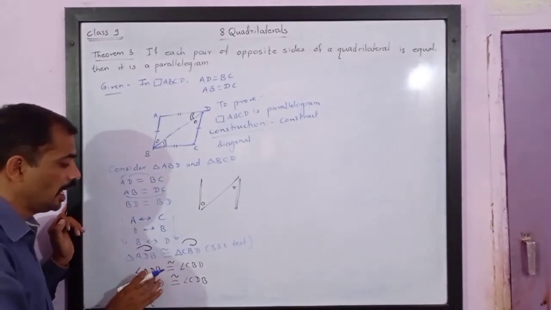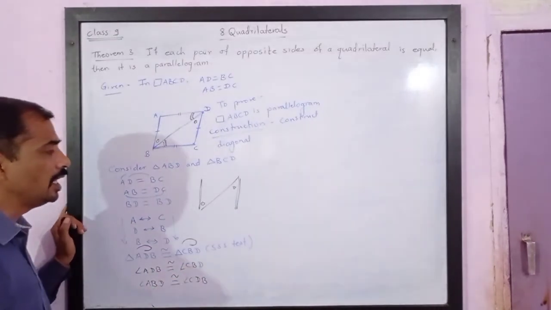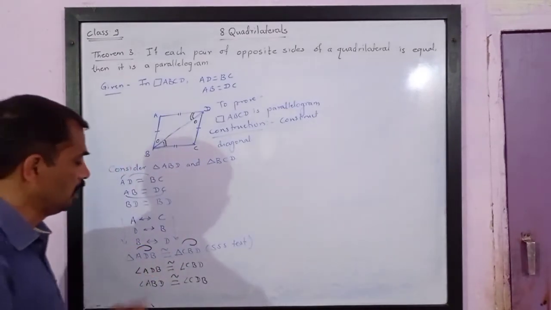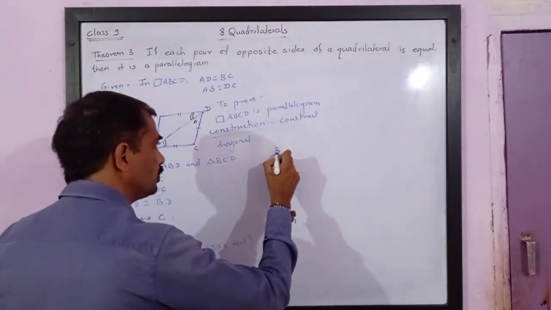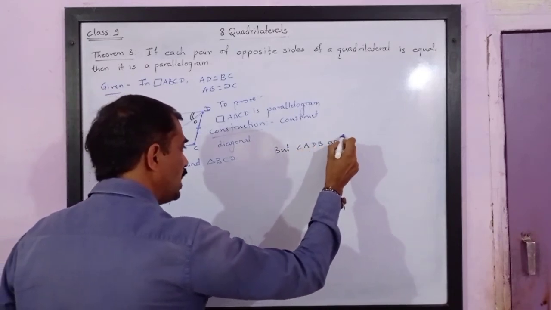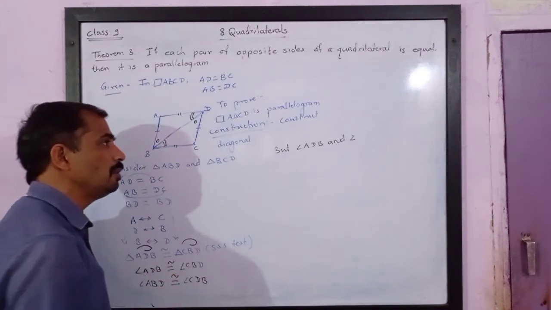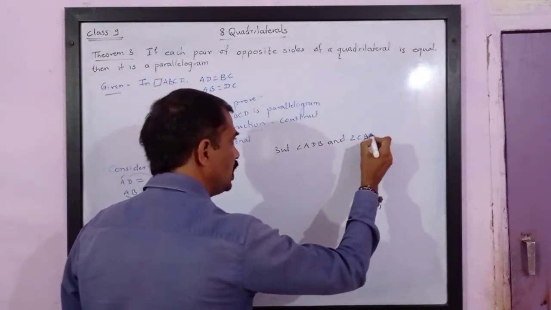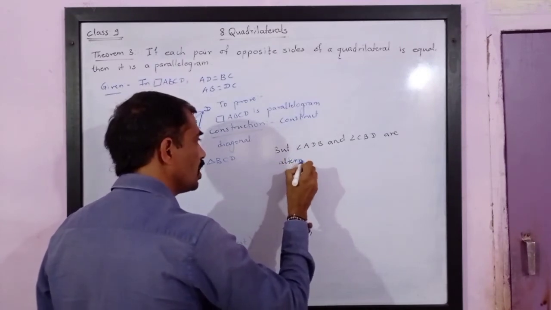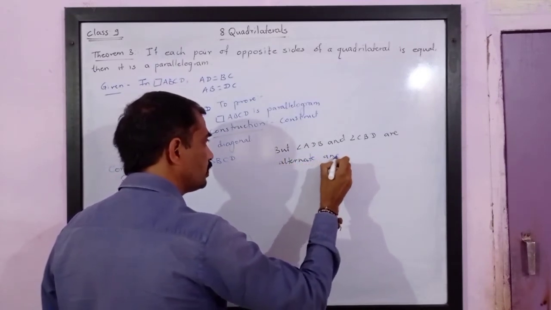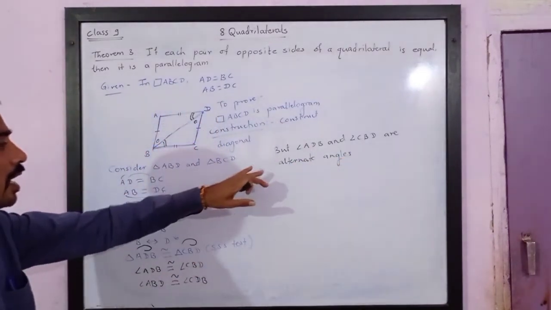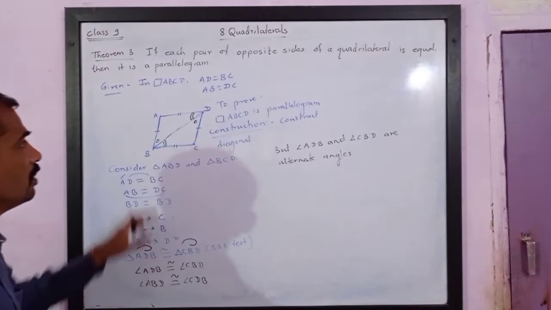Since angle ADB and angle CBD are equal and they are alternate angles, and alternate angles are congruent, it means lines are parallel.